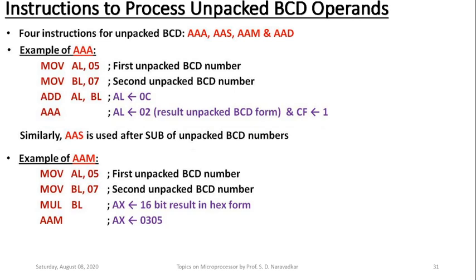Whenever we perform multiplication, 5 multiplied by 7 on a calculator, I get the answer 35. But 35 I cannot express in 8-bit format like this, because the result must be unpacked. So 35 will be written within the AX register as 0305, which is shown there.